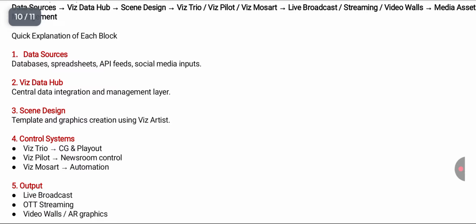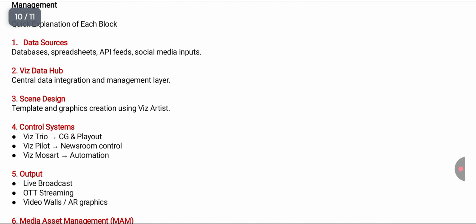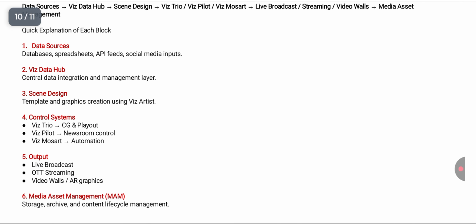Control systems: Viz Trio for CG and playout, Viz Pilot for newsroom control, Viz Mosart for automation. Output: live broadcast, OTT streaming, video wall and AR graphics. The last one is media asset management, storage, archive, and content lifecycle management.